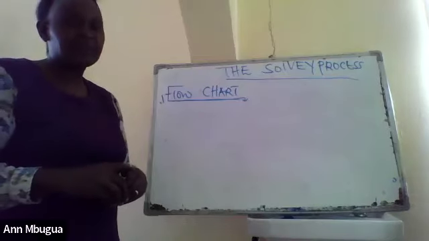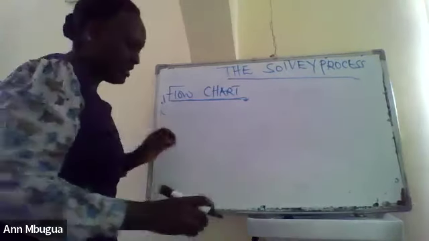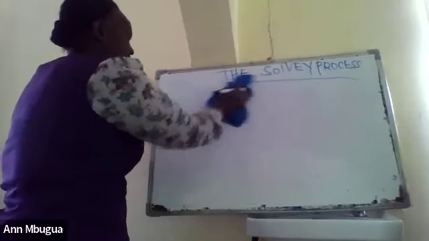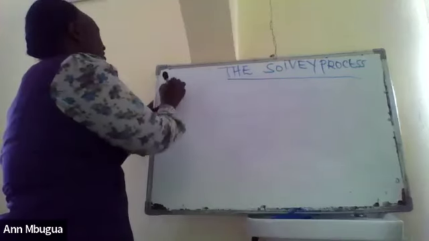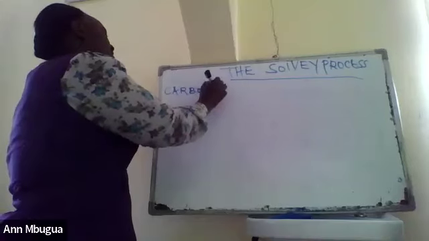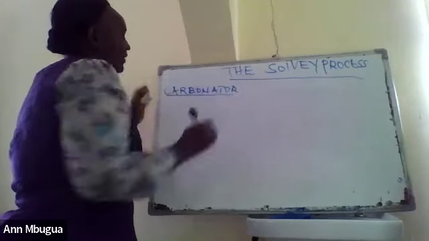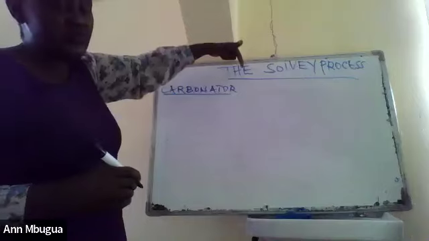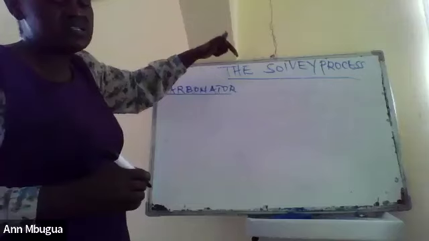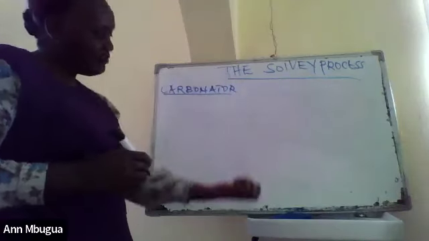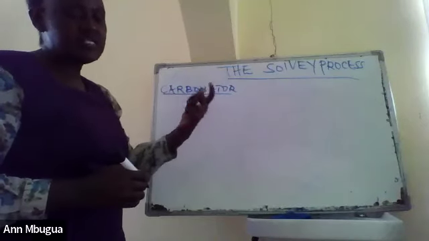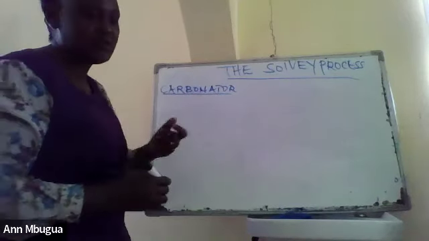I repeat that. We are in the carbonator. What equations take place in the carbonator? And this is where examiners mostly dwell. The equations are the reactions that take place in the carbonator. In the carbonator, as I explained from the top, we are bringing in the ammoniacal brine, which is a mixture of ammonia and concentrated sodium chloride. From the bottom of the carbonator, we are bringing in carbon dioxide. So this is the first reaction that takes place in the carbonator.